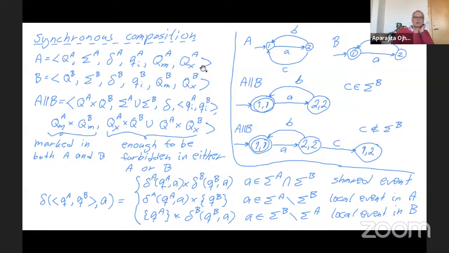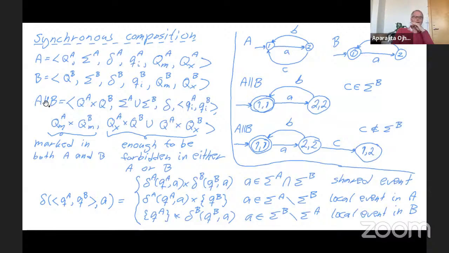So this is a tuple, and the elements in the tuple are sets in most cases. Here, this delta is a function, but the rest of them are sets. In this case, the initial state is only one element. And then the corresponding B automaton has the same structure, except that we use the superscript B instead.